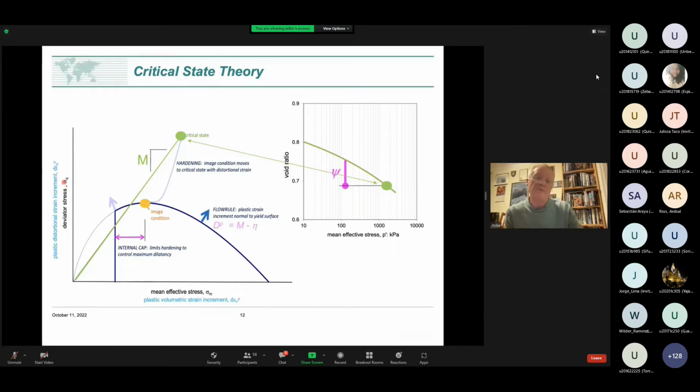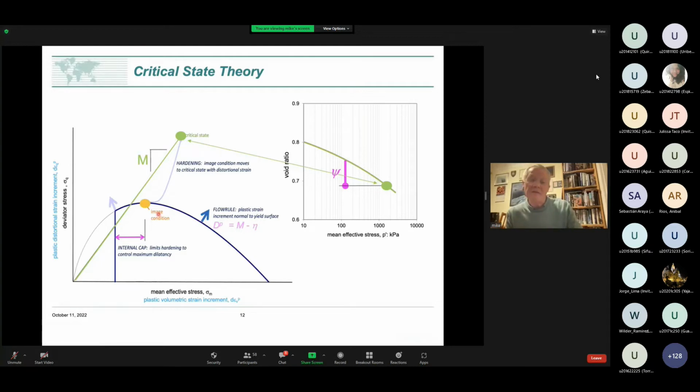So the product of this times that plus that times that is the amount of work going into the soil. If you use these work conjugate choices, then there is a theorem. I don't mean a theory, I mean a mathematical theorem, that the strain increment vector, which is the ratio of that to that, has to be perpendicular to the yield surface.